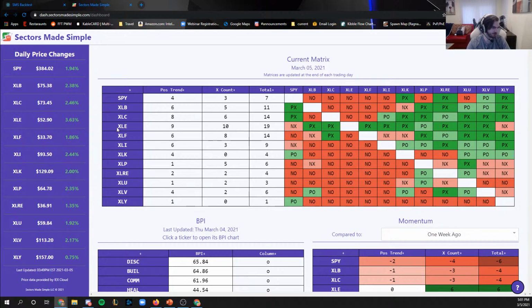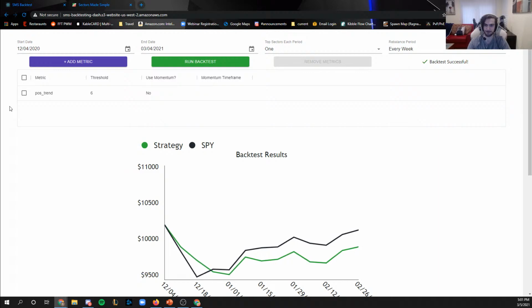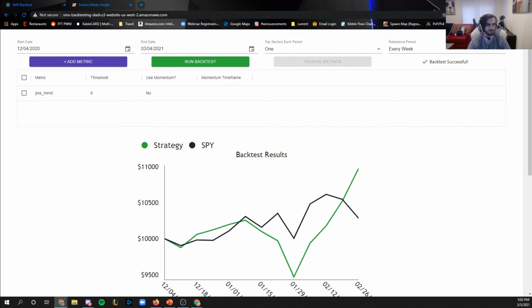You can change it to 1 or 2 sectors for the past 3 months. Okay. So 1 sector, let's go past 3 months. There's that.